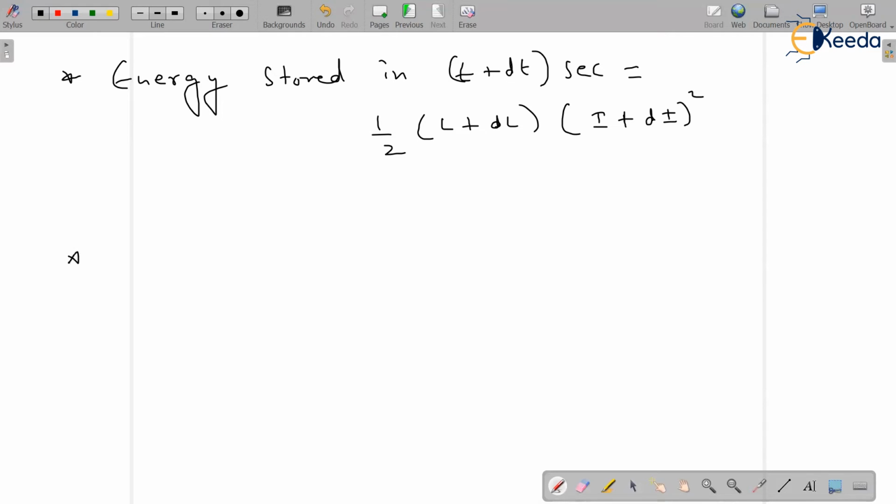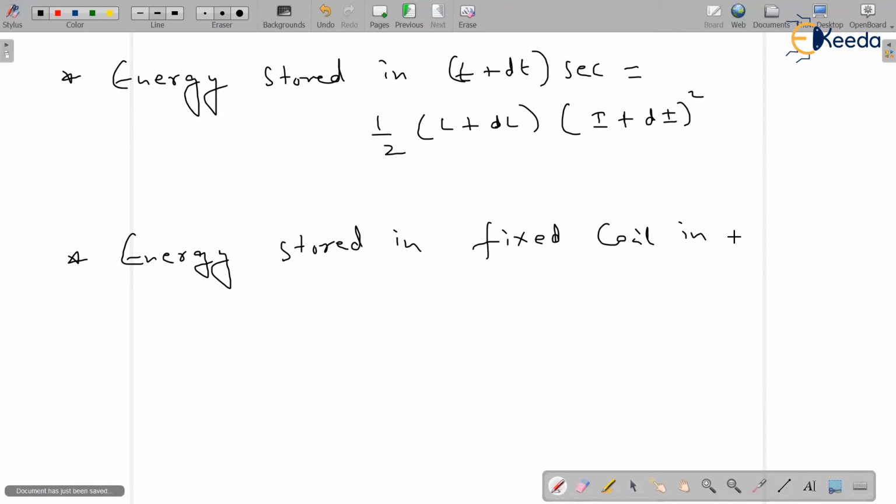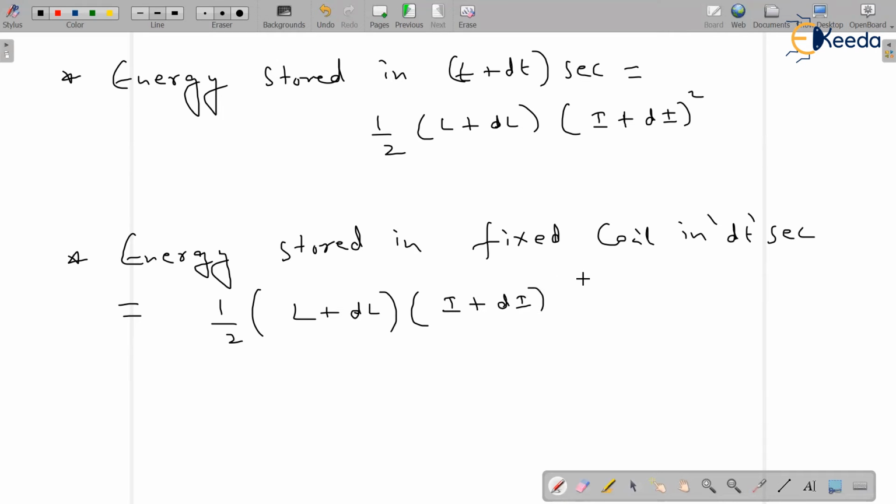Now, energy stored in the fixed coil in dt seconds is equal to half (L plus dL)(I plus di) whole square minus half Li square.